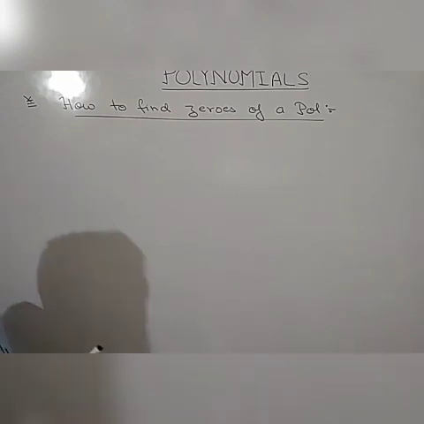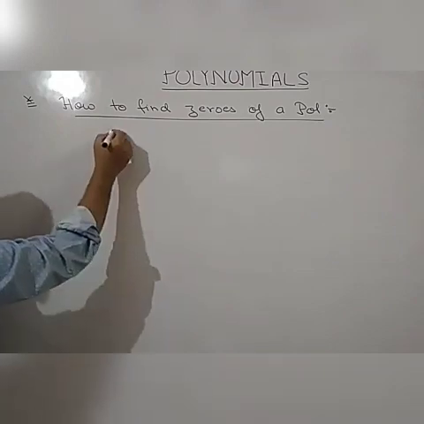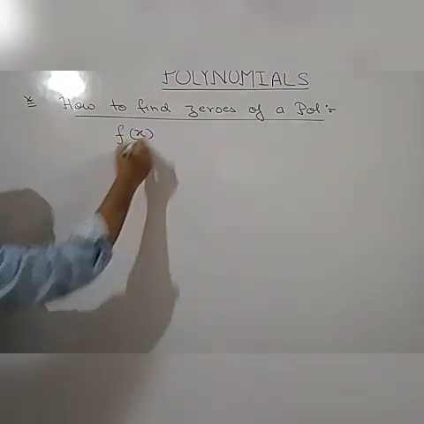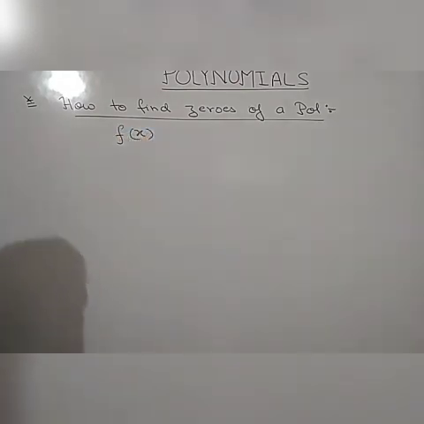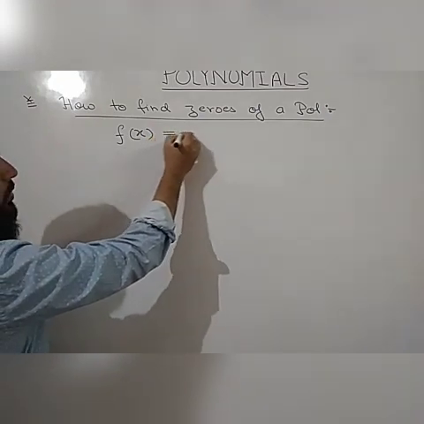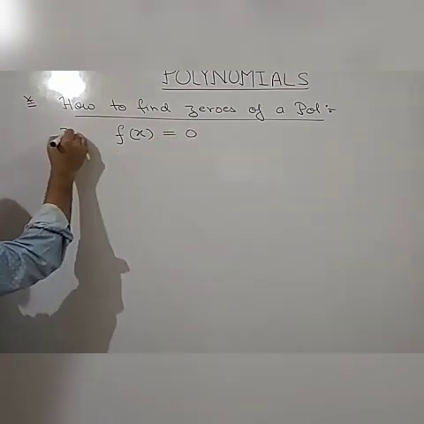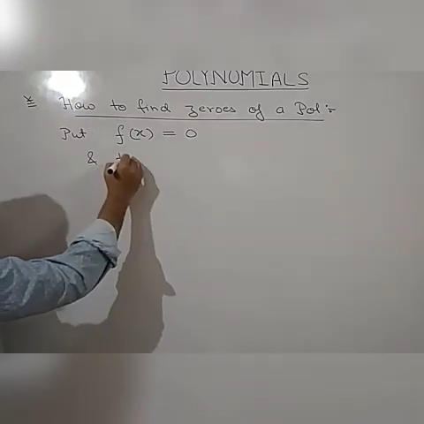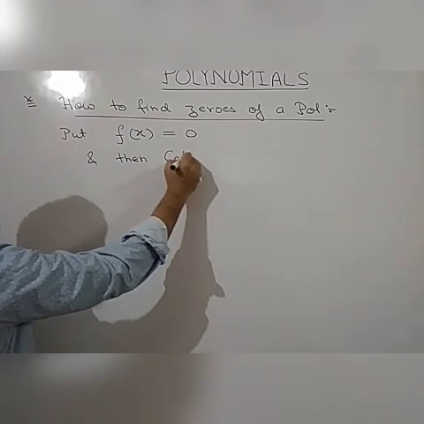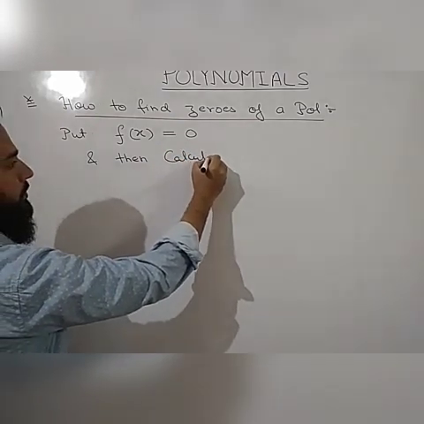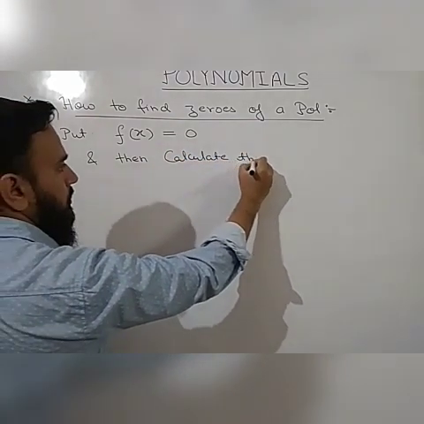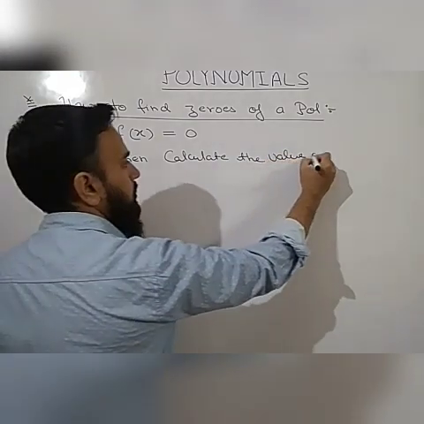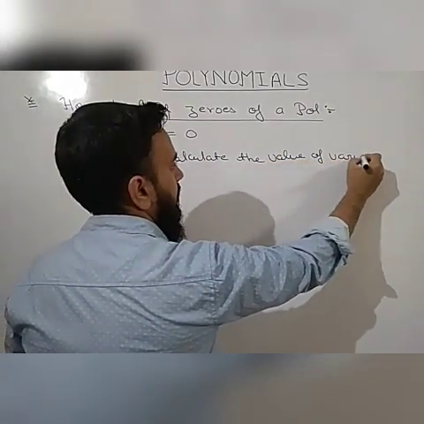To find the zero of a polynomial, if we have given any polynomial f(x), then put this polynomial equal to 0. Put f(x) = 0 and then calculate the value of variable.